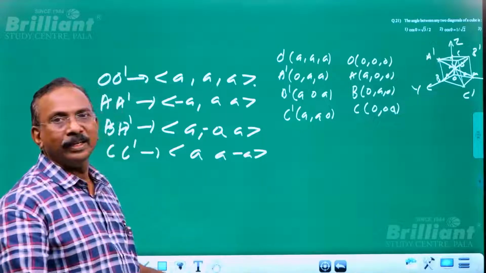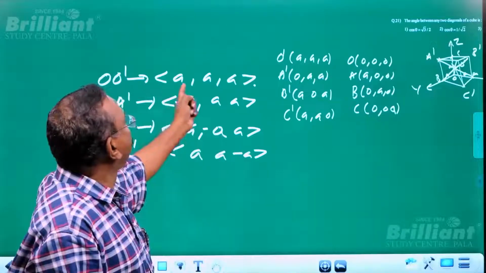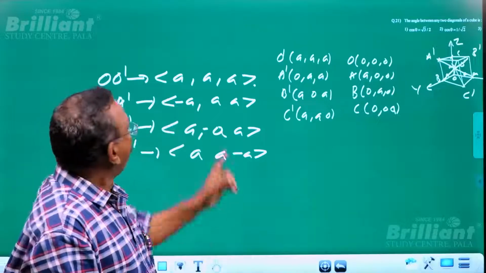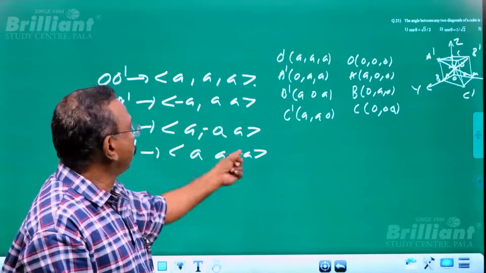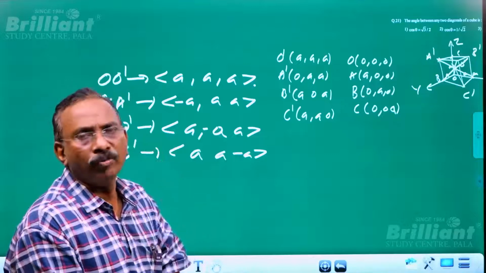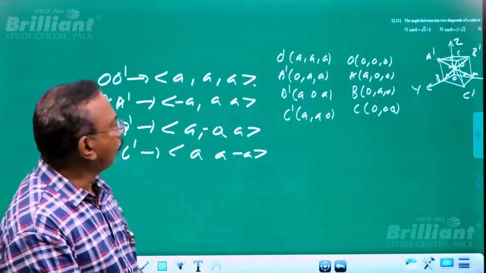Look here, the interesting situation is that all the direction ratios are A each, with one of them shifted to minus A. You can take any 2 of these and find the angle between them.